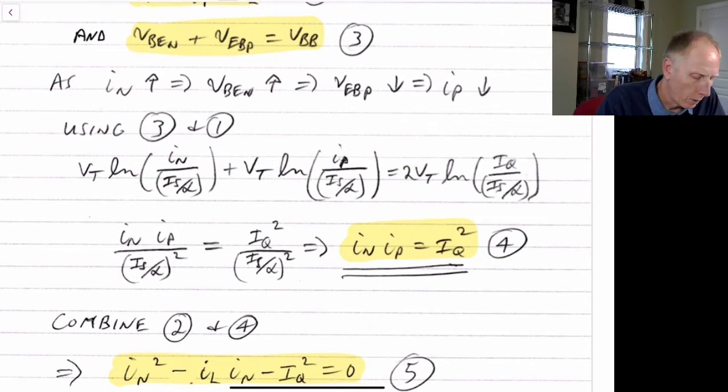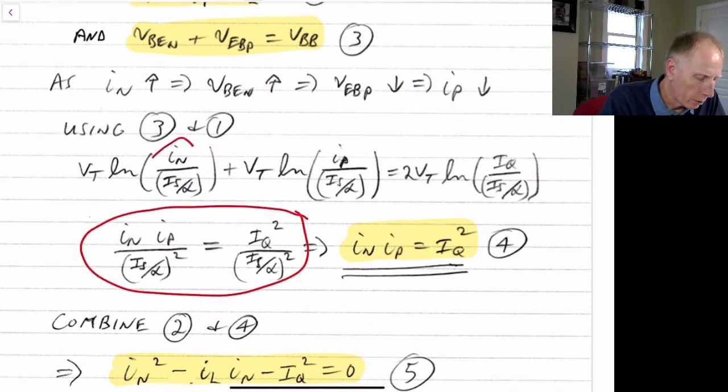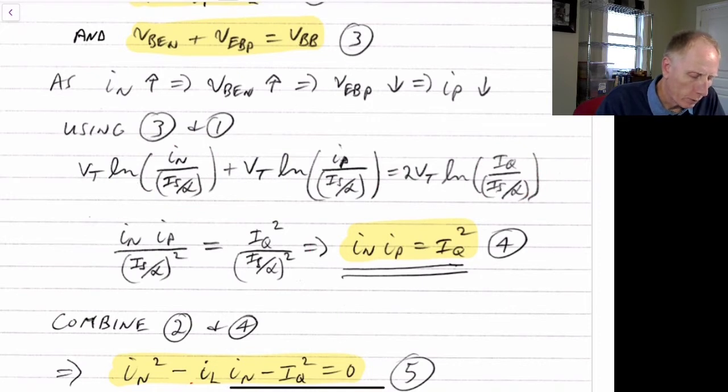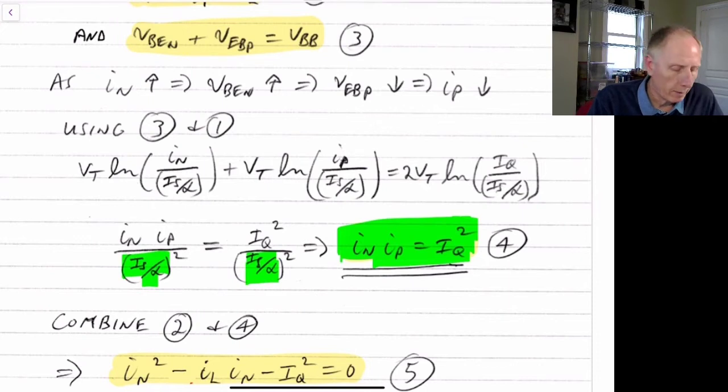And so we'll end up with this result here. It'll be this term multiplied by this term and this term squared due to that 2 term. And so we can then factor out the alpha S over the IS divided by alpha P terms, and we end up with this final result that the emitter current for the NPN transistor times the emitter current for the PNP transistor is always equal to the quiescent current squared.